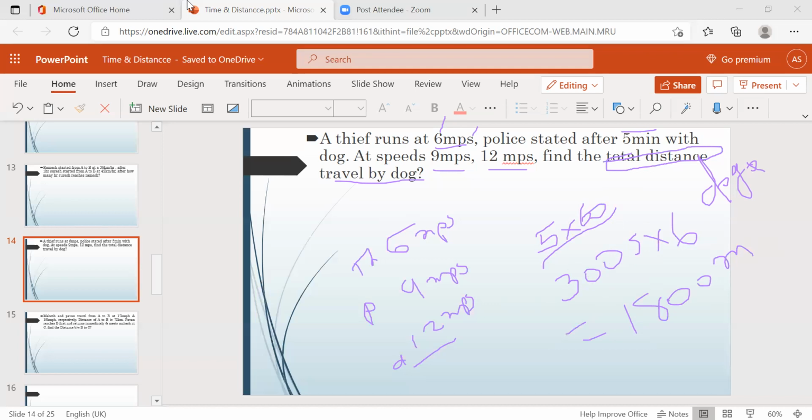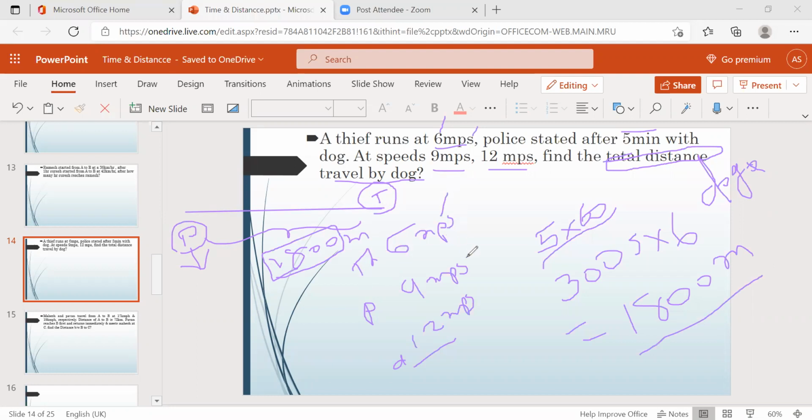See, the thief started here and reaches here. Then police started here, and now the thief is here. What is the difference? The distance is 1800 meters. The thief is far away from the police. Now police need to cover this distance by using the additional speed. What is the additional speed? 6 meters per second for thief and 9 meters per second for police, so the difference is 3 meters per second.